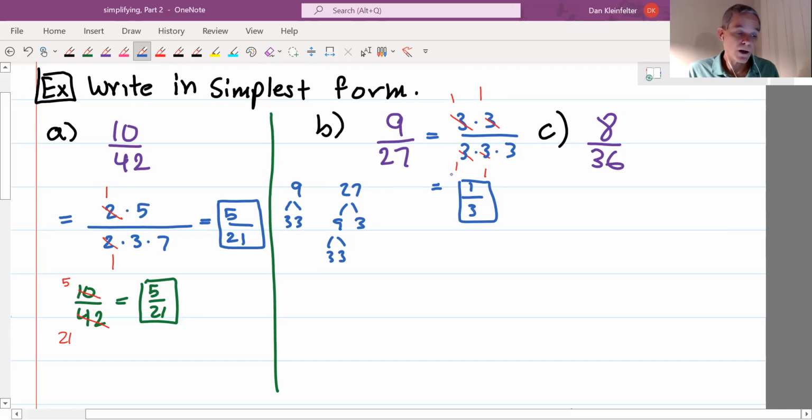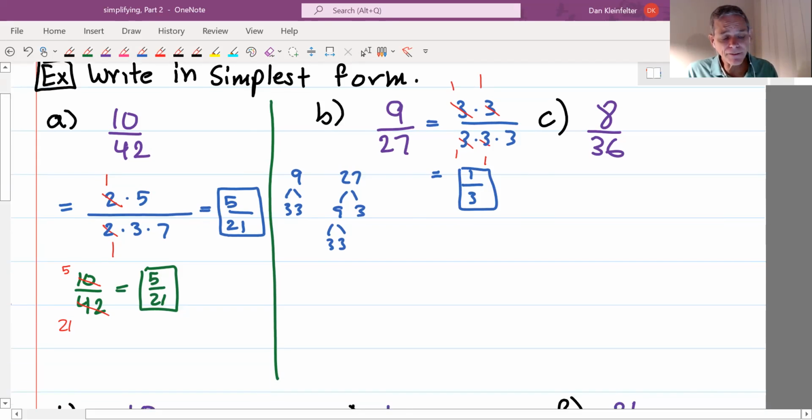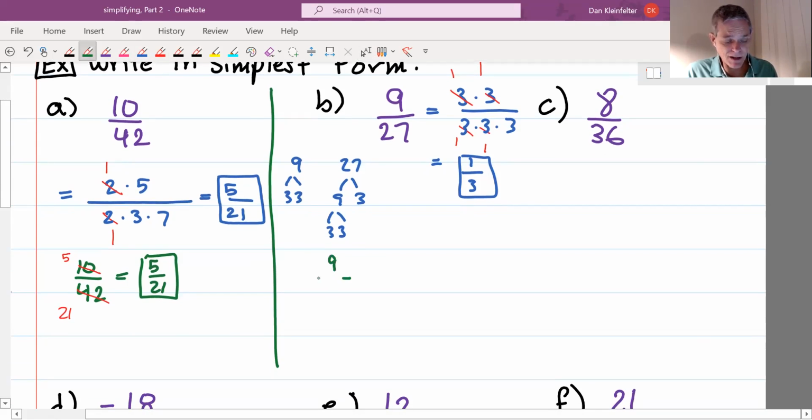So that is 1/3. Again, if you looked at 9/27 and said, well, 9 times 3 is 27, so couldn't I just do this? Instead of going all the way to prime factorization, I know 9 divides into 27, so 9 divided by 9 is 1, 27 divided by 9 is 3, and so this gives us 1/3.